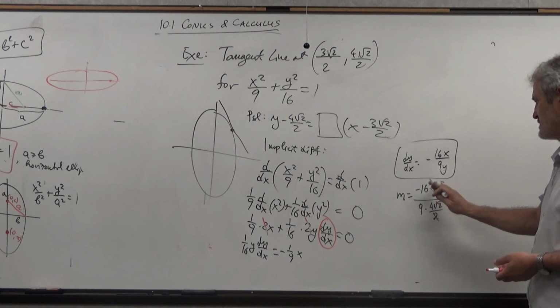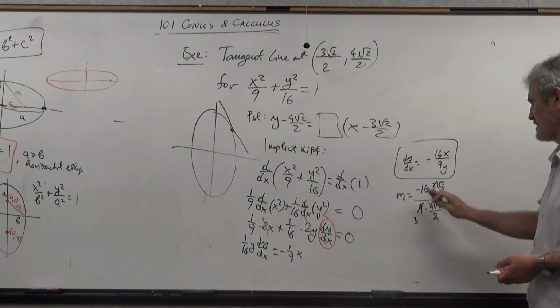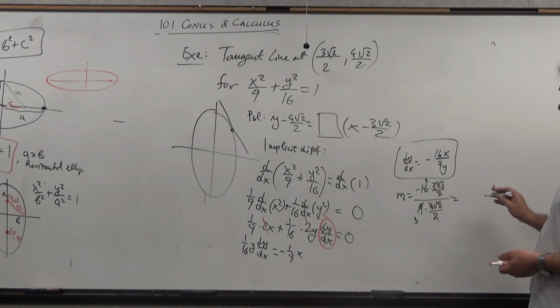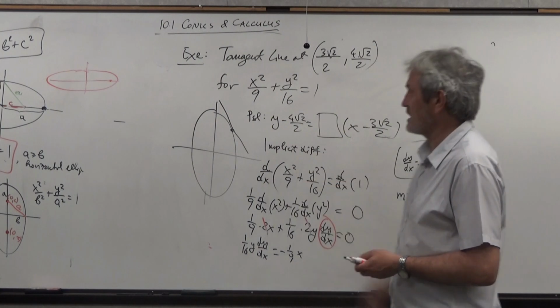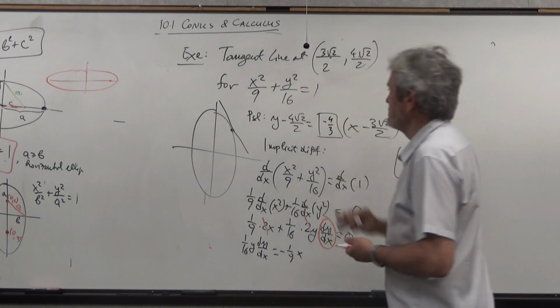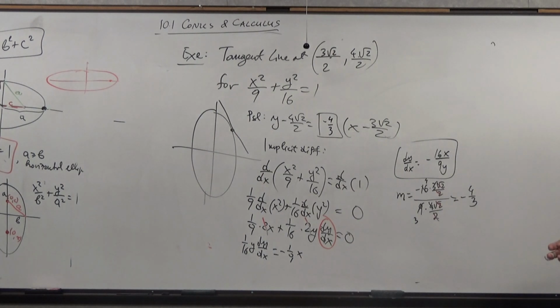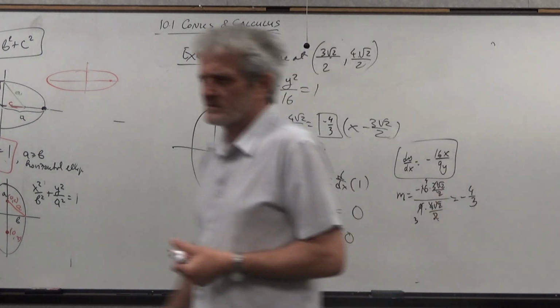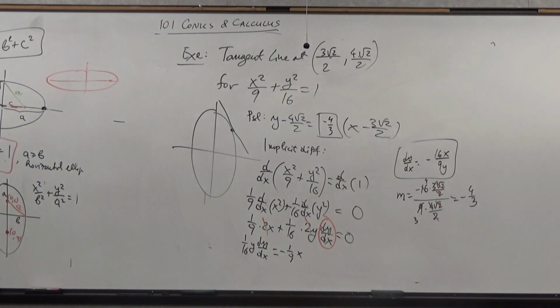I can cancel 3 and 9. I get just 3. I can cancel 4 and negative 16. And after all this mess, I get negative 4/3. It makes sense because it's negative. That's it. Negative 4/3. Can you leave it like this? Probably yes, because if you polish it, then you will lose that information about the point. So that's how I would leave it.